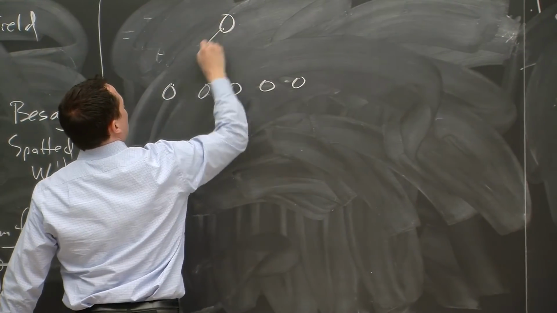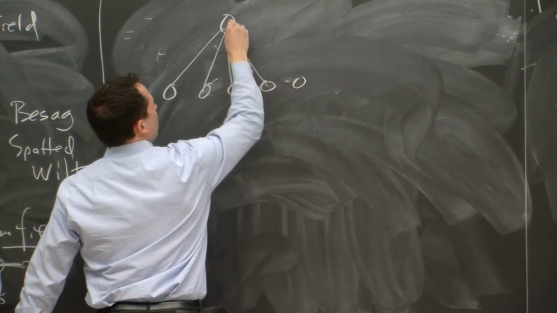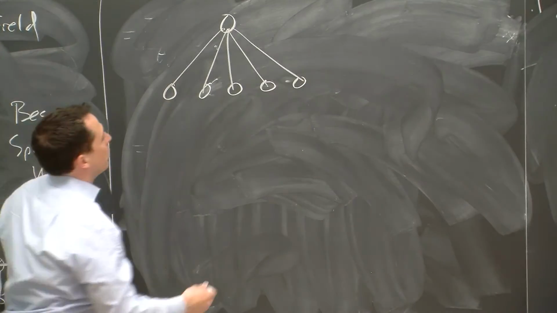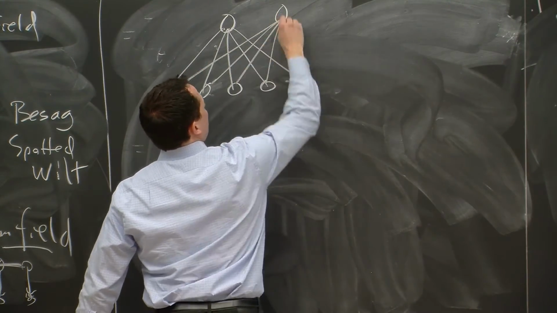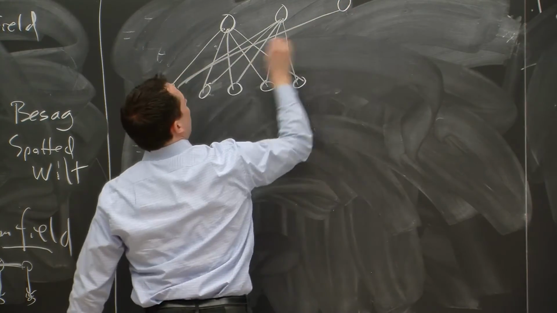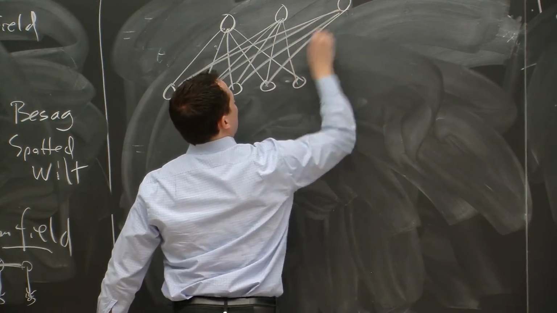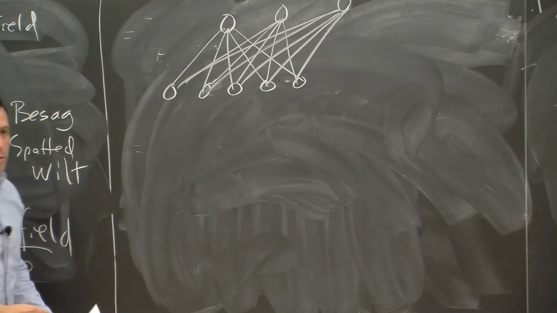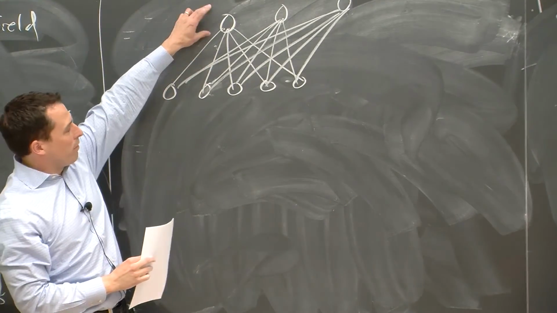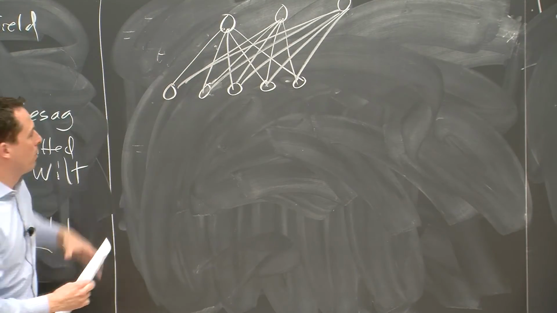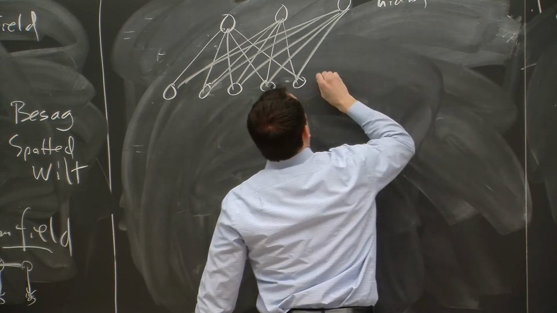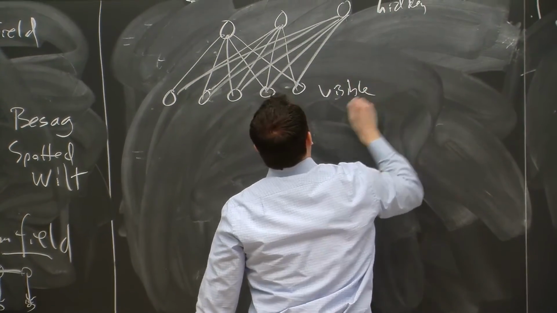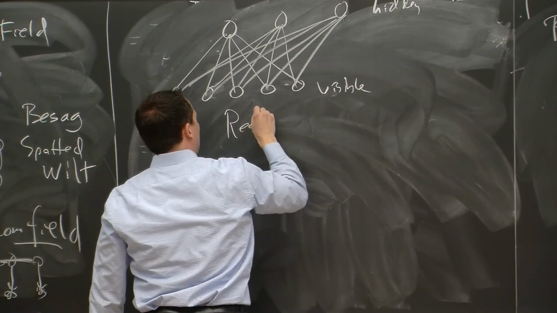You have a hidden variable, and then you have some observed variables, and then what you do is you start adding more hidden variables. So this is just a graphical model. It's a big, complicated looking graphical model. It's just a graphical model which is complete bipartite. There's some number of hidden variables, there's some number of visible variables. And this thing is called a restricted Boltzmann machine.